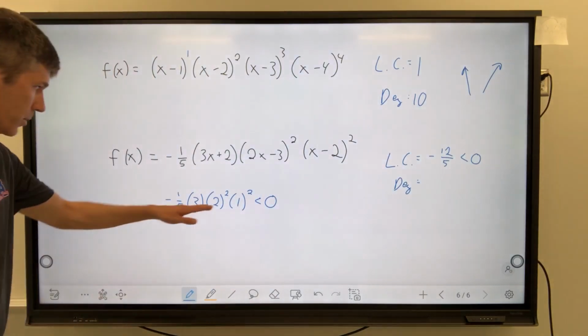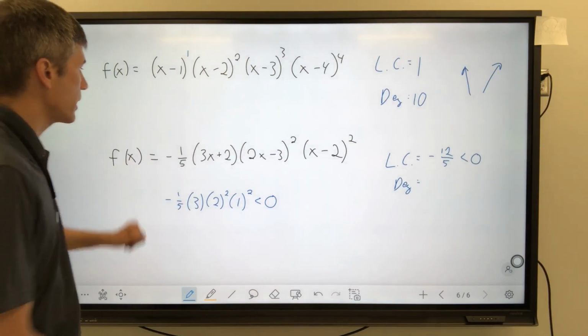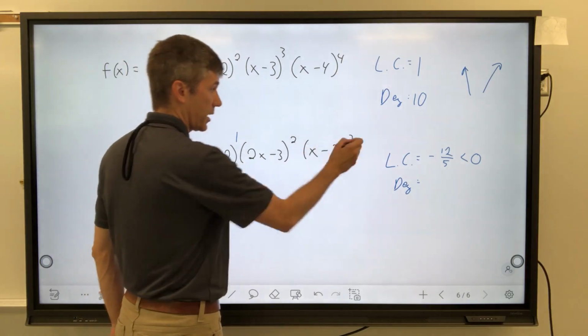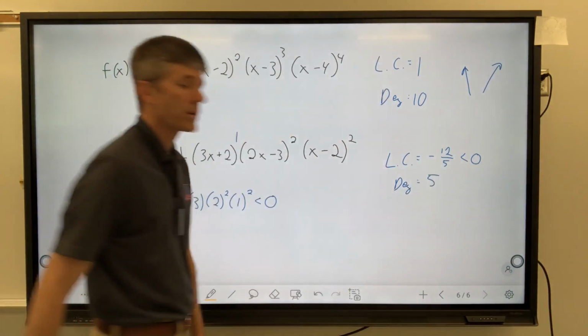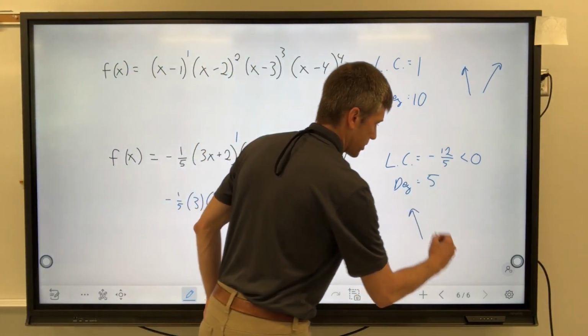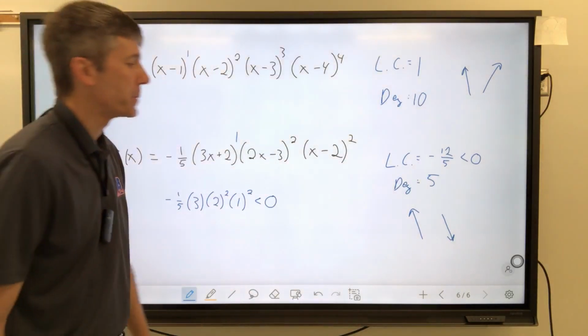So, let me double check my work here because I don't want to accidentally lie to you. Yep, we're good. The degree is x to the first, x to the second, x to the second, 1 plus 2 plus 2. It's going to give me 5. Odd degree, negative lead coefficient. It's going to be up, down. Going to be that.